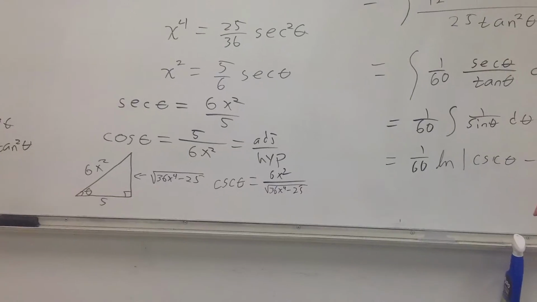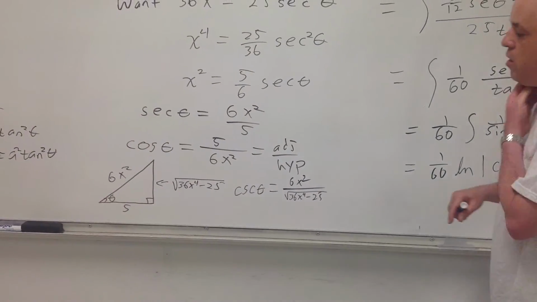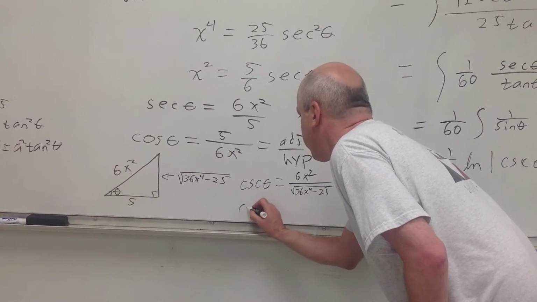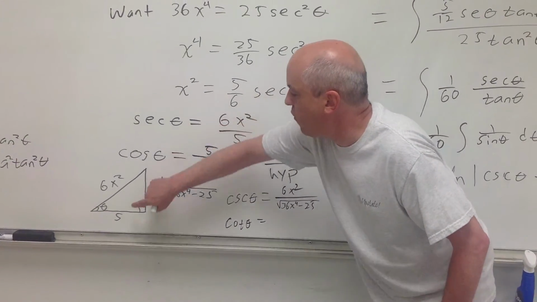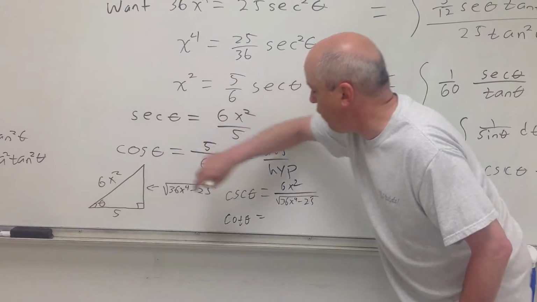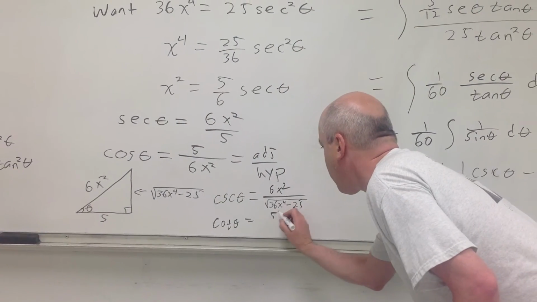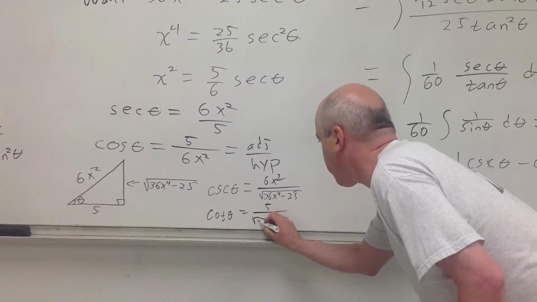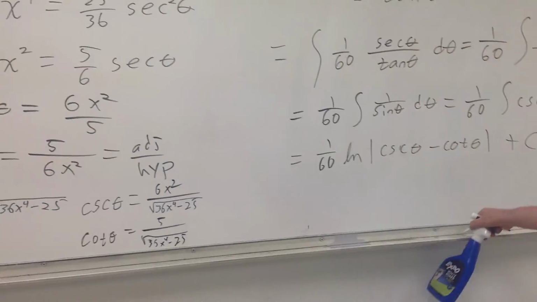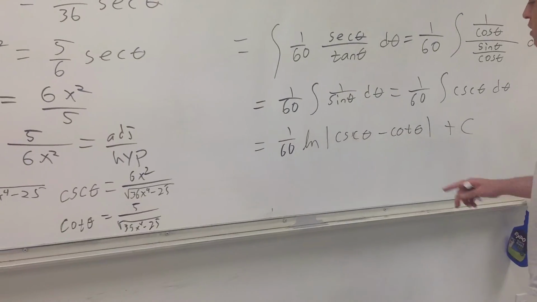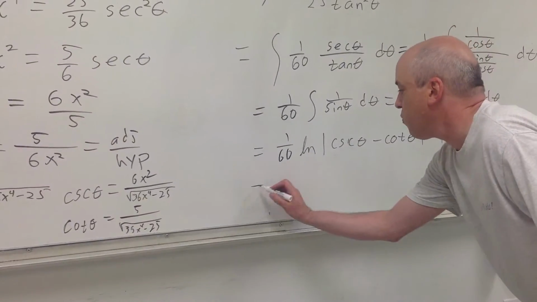And I also need cotangent. You probably remember tangent. Tangent of theta is opposite over adjacent. So tangent of theta would be this over that. Cotangent of theta is going to be 5 over this square root. So 5 over the square root of 36x to the fourth minus 25. And now we just go ahead and substitute that in here, paste it into our final answer, and we're good to go.